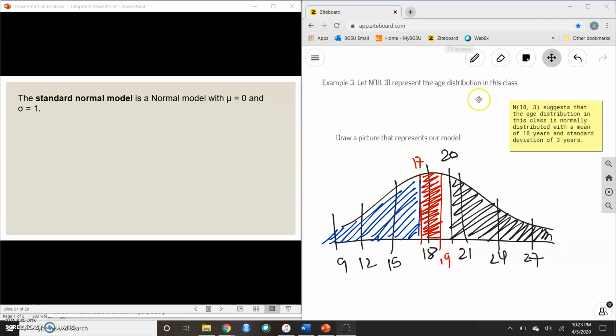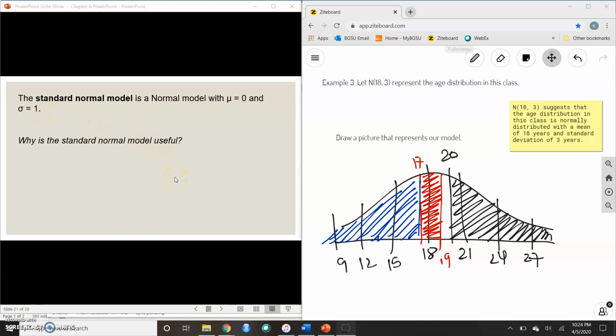Here my data is based on the class, so these values are data values. For a standard normal model, the requirement is that the mean, mu, is equal to 0, and the standard deviation, which this symbol right here is known as sigma, is 1. Those are the main assumptions behind the standard normal model.